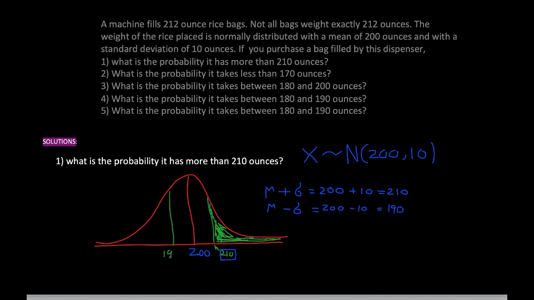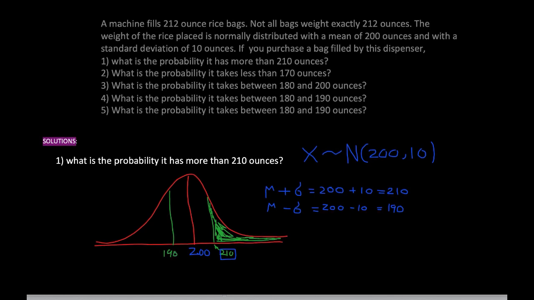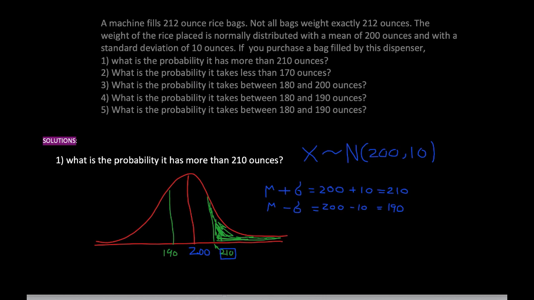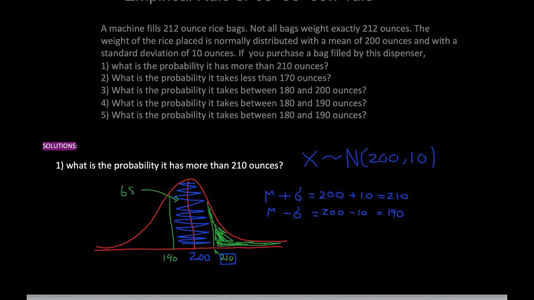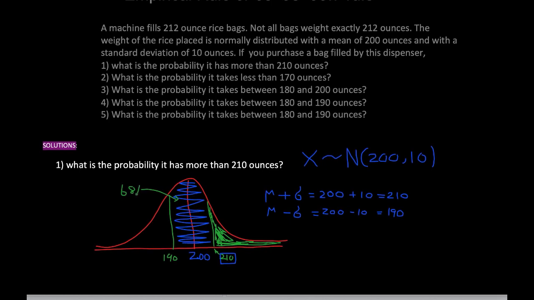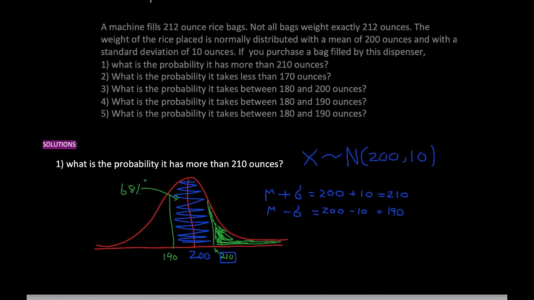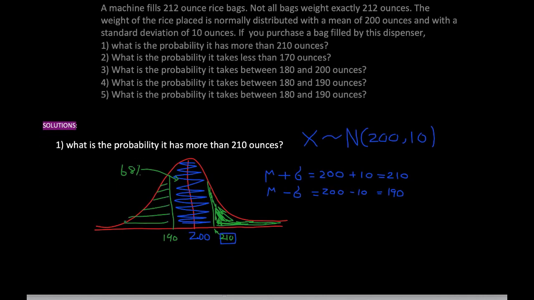So I say this is the 190. So by the empirical rule, we know the area in between 190 and 210, by the empirical rule, has 68% data of all observations.